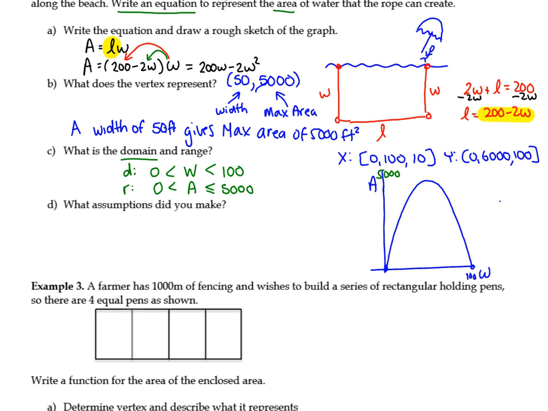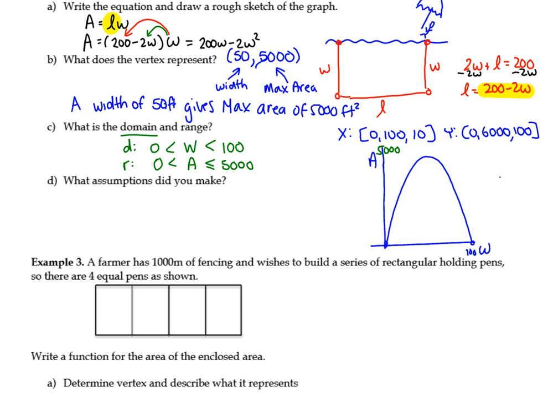Okay? A couple of assumptions. We made a couple assumptions here. One assumption is we're going to use all the rope. Okay, you might not actually use all the rope, right? But that's one assumption, right, Akash? Okay, another assumption is all widths are available.